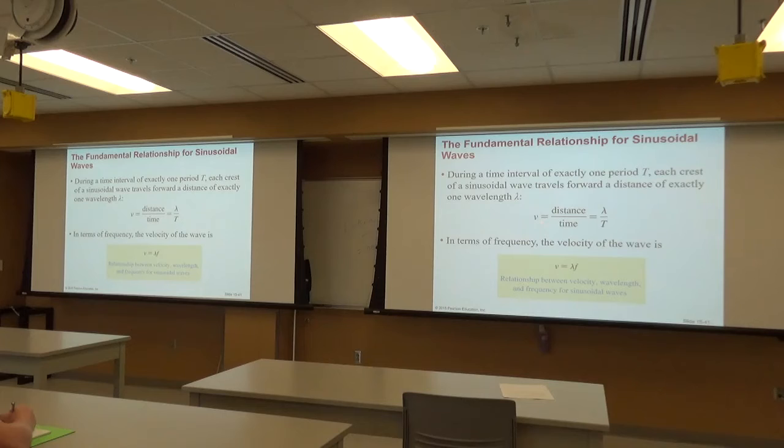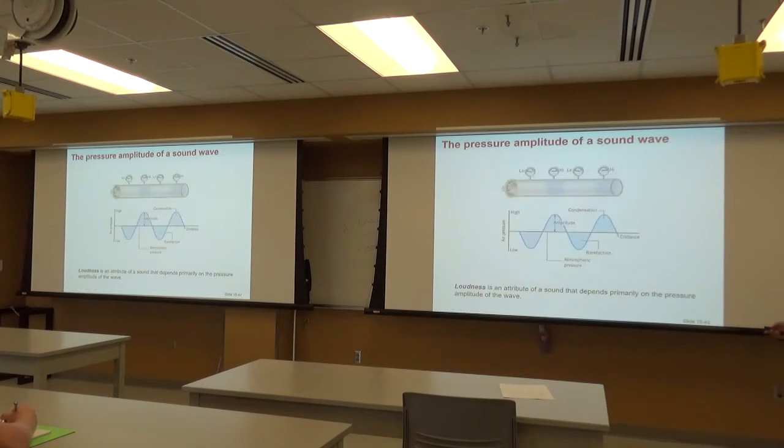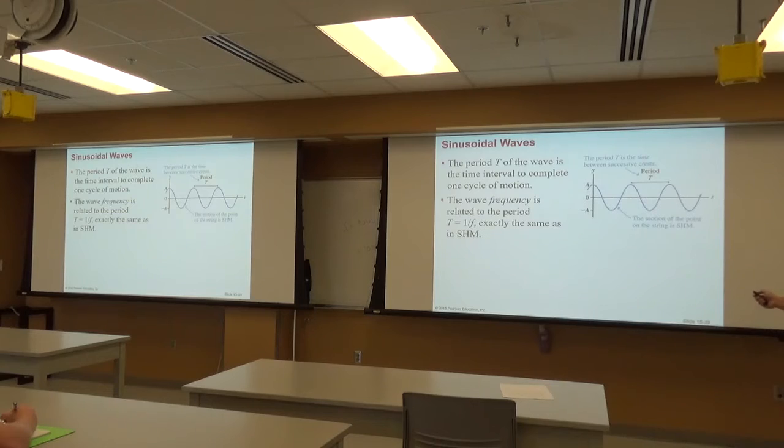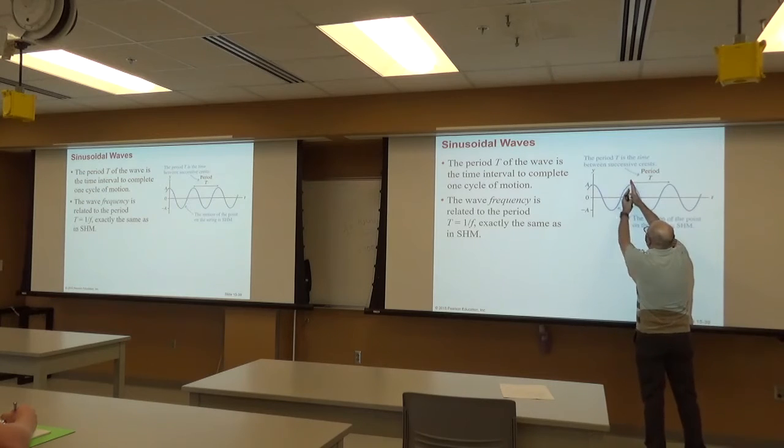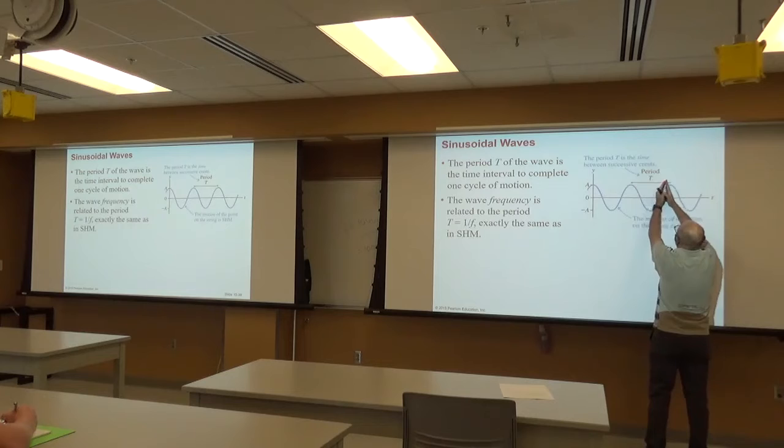So we know that velocity is distance over time. We learned this in physics 1. Definition of velocity or speed: speed is distance over time. If we consider lambda to be the distance, let's go back. Starting from here, the wave is moving forward, and then it reaches here.